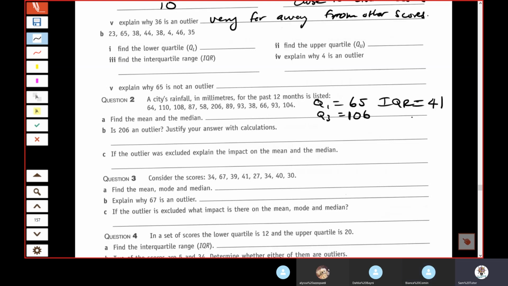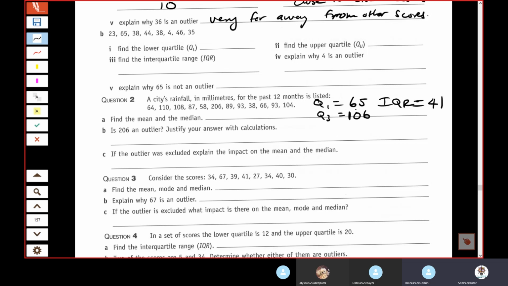And then the IQR becomes 41. I'll just pause there. Any questions?